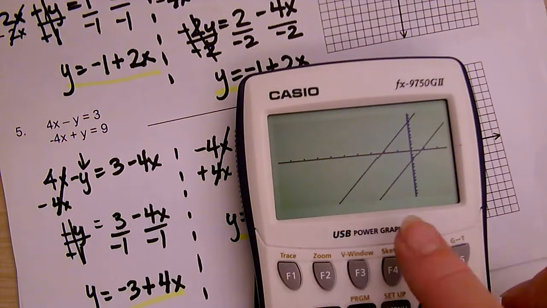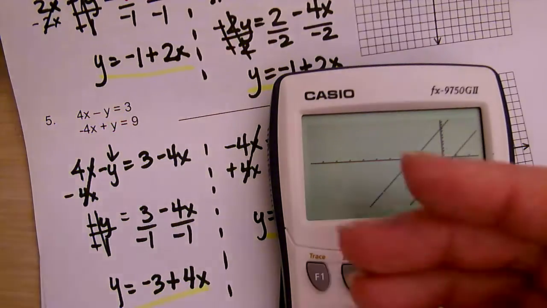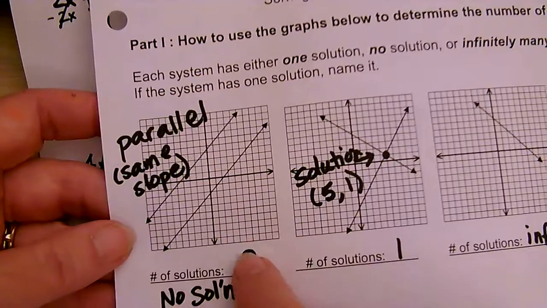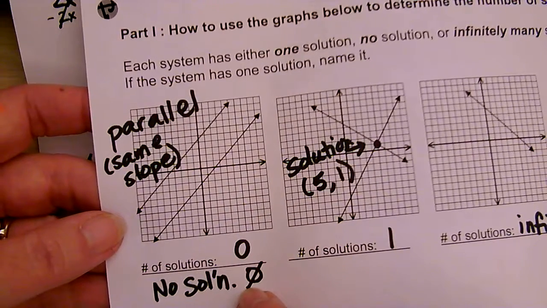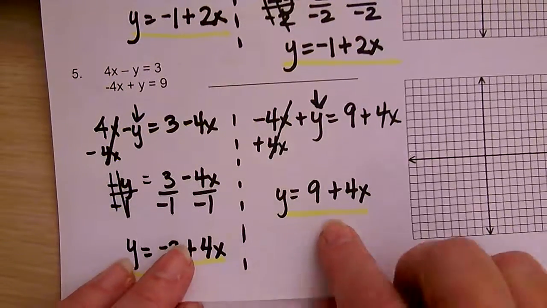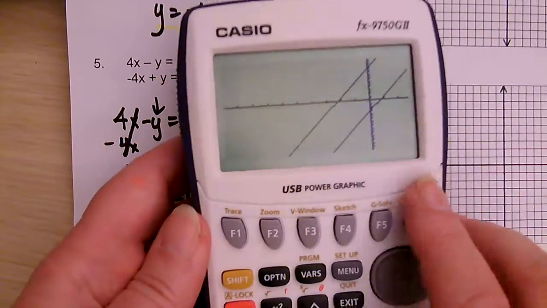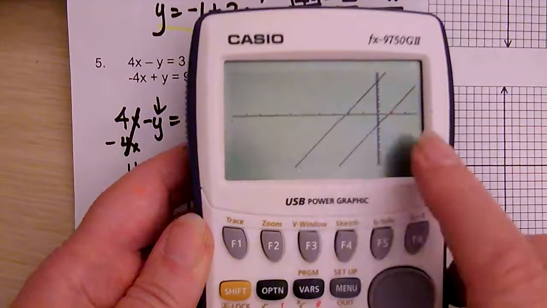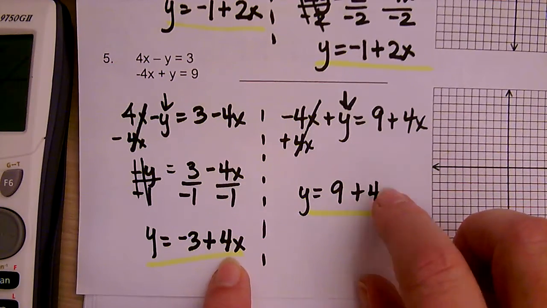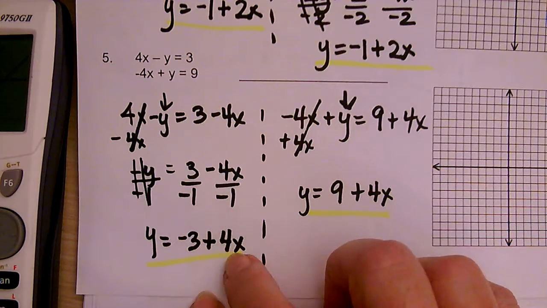Ooh, now that certainly looks like this first picture. Remember, if you have parallel lines, there's no solution. And sure enough, if I look at these lines, on the graph, those are parallel lines, and I do notice that in front of the x, here the slope is 4, and here the slope is 4.